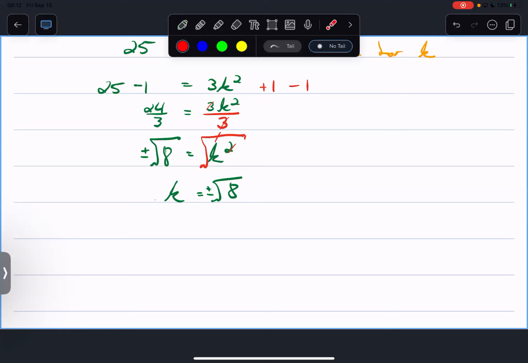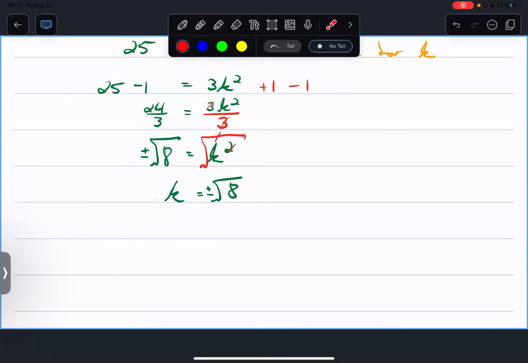I will confess that I'm really good at forgetting the plus minus on the square roots, but I get there eventually. All right, so any negative number squared makes a positive, and any positive number squared is also positive, right?